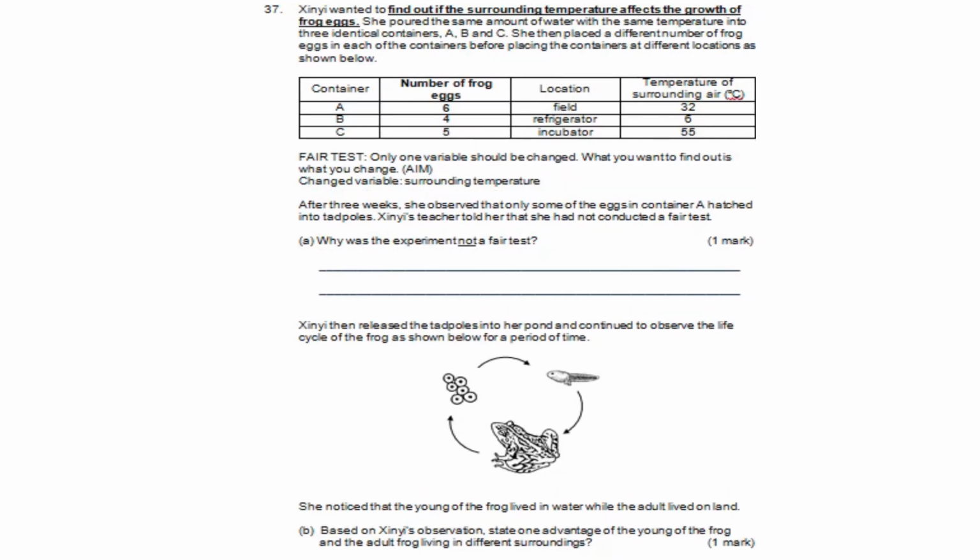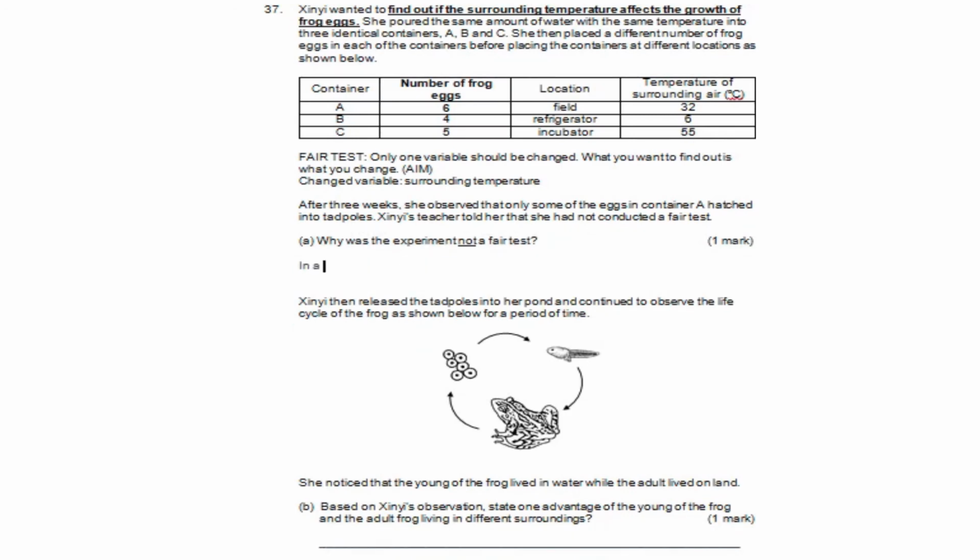With that said, why is it not a fair test? Okay, so you can tell me in a fair test, only one variable is changed, but you cannot stop there. Okay, only one variable is changed. You need to go back to the question, remember? So in this question, what is it that should not be changed?